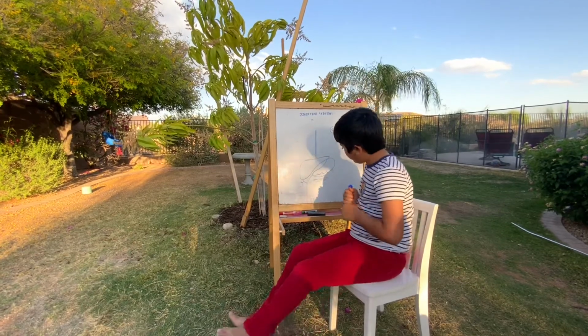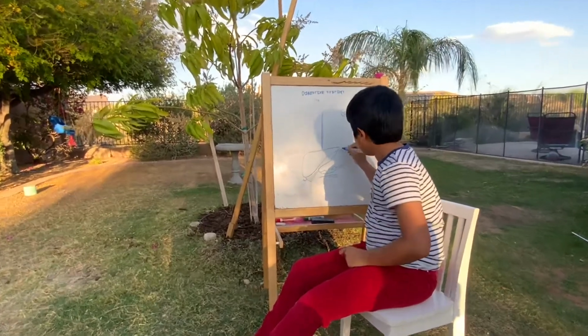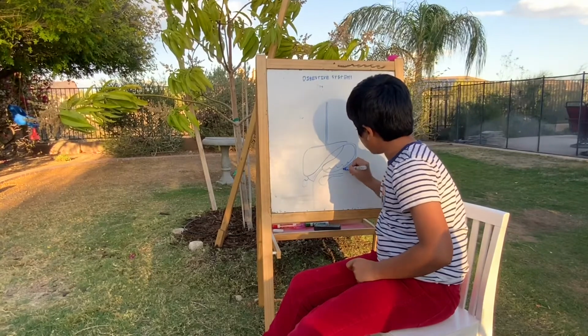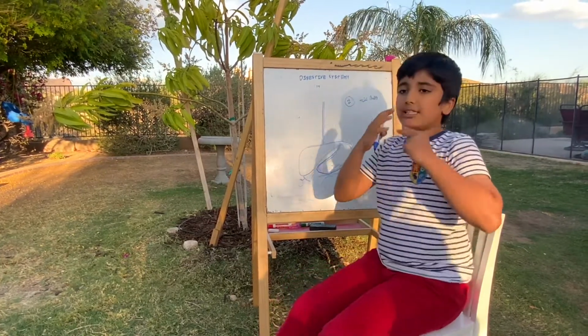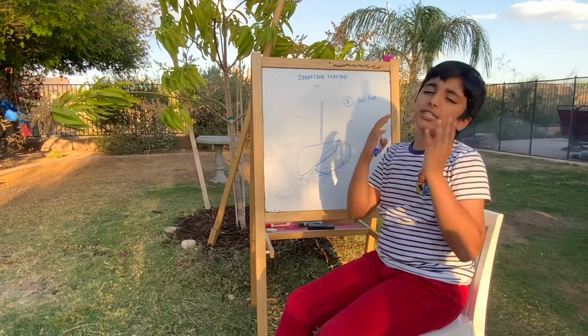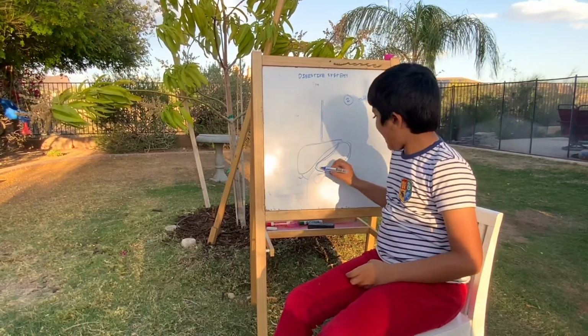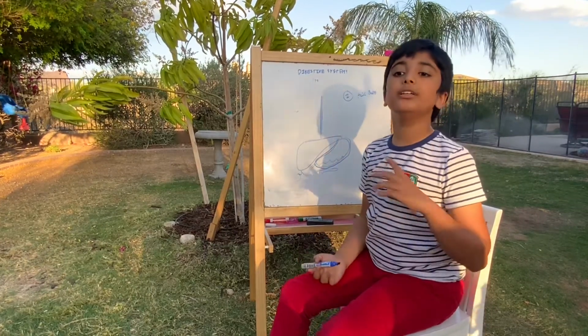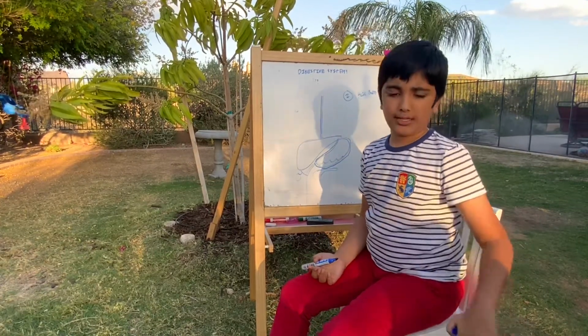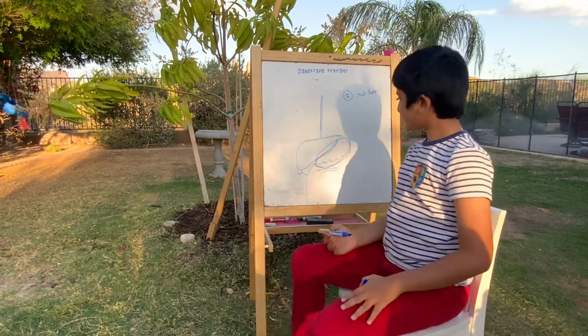Let me tell you a few more facts about the stomach. The stomach is covered with mucus or snot, the type of liquid that is in the nose. Without snot, the acid might digest the stomach itself, and that would be really, really dangerous.